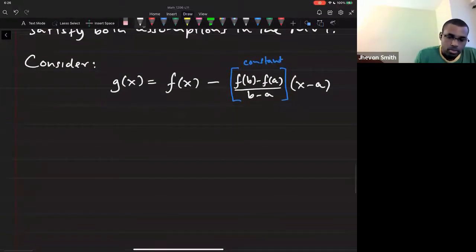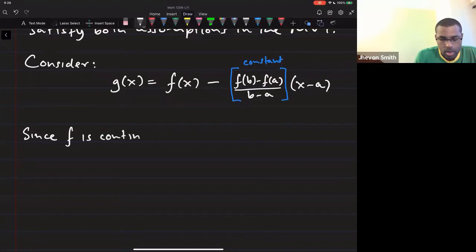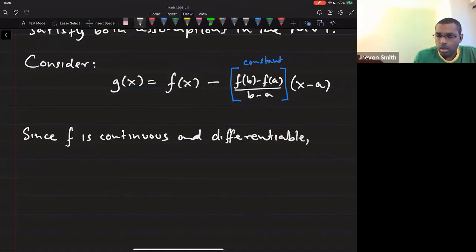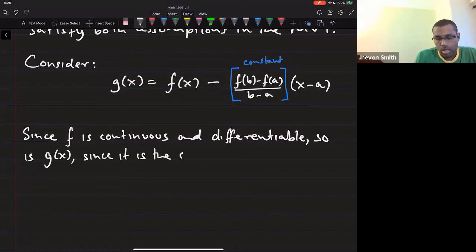So now, since f is continuous and differentiable, so is g, since it is the sum of f and a linear function.